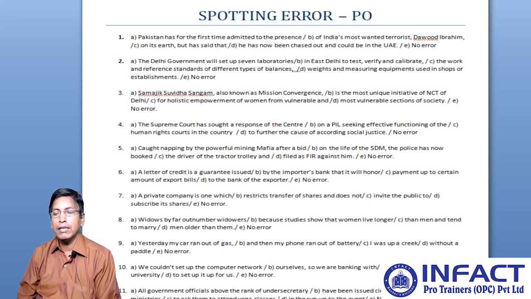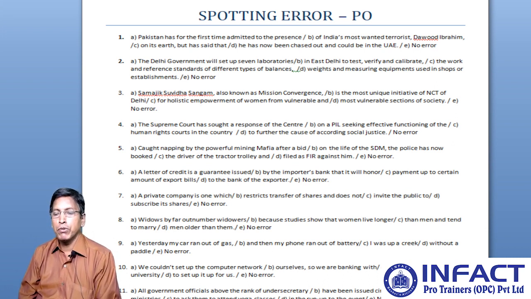Normally when you are expressing something as unique, it should have the article a as a prefix rather than the most. So the second part should be a unique initiative of NCT of Delhi. The correction is required only in B and not in other parts. Now let us move to the next question.